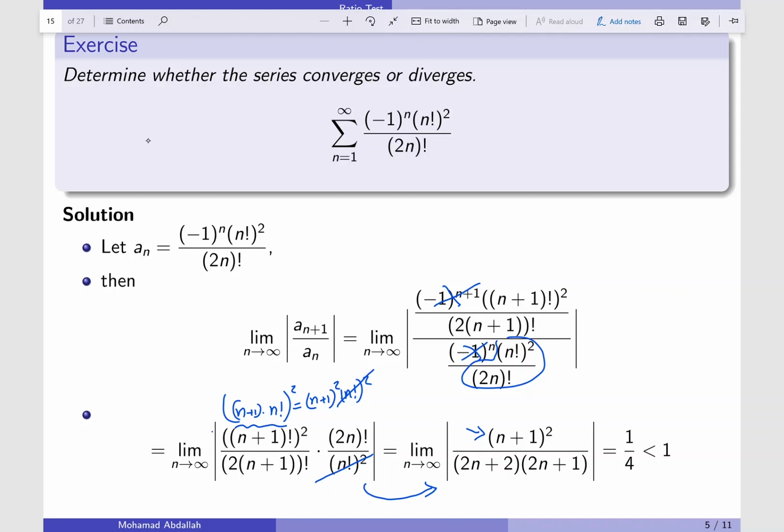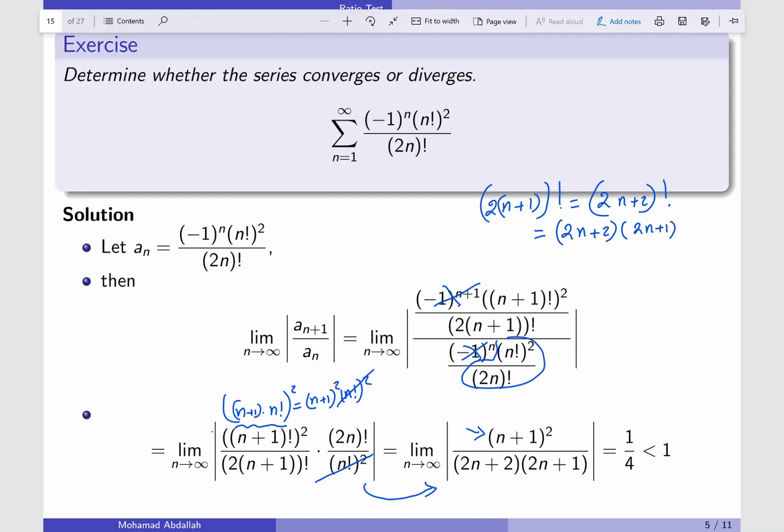Now regarding the other one, I have (2n) factorial here, and this is bigger, so this is (2n+2) factorial. Let me expand this a little bit. You start with 2n+2, then the integer that comes before it is 2n+1.